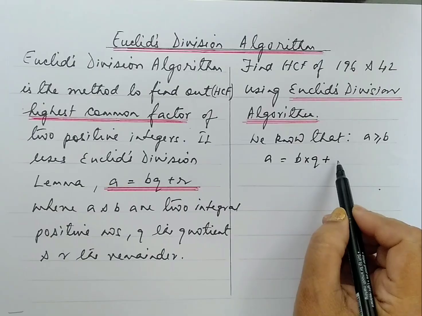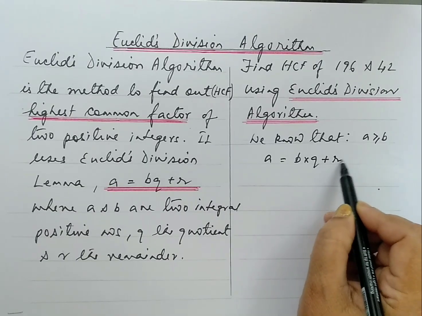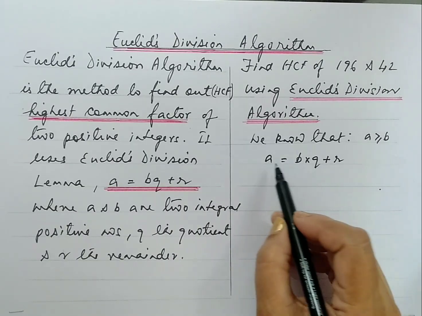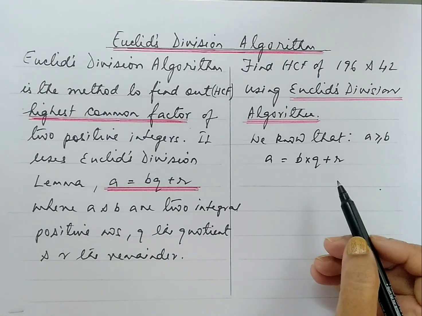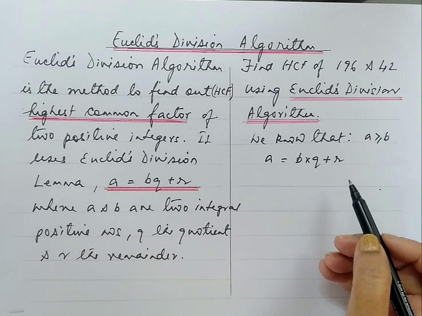And then some remainder, or sometimes there may not be one if it is completely divisible, correct? If you divide 25 by 5, would you get any remainder?